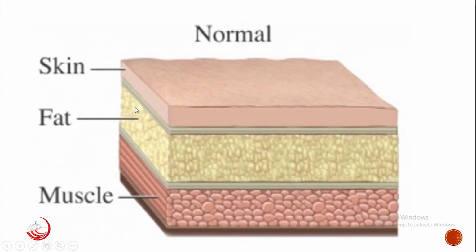Under the skin, there's a layer of fat. And under the layer of fat, there are muscles. Forget about muscles. This is not what we're talking about. We're talking about the layer of fat.